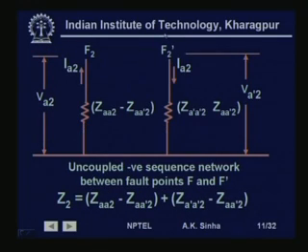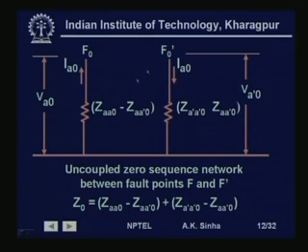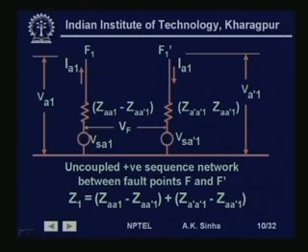And Vf, the voltage at the fault point, is equal to VA dash 1 minus VA1, which is the voltage between these two points.